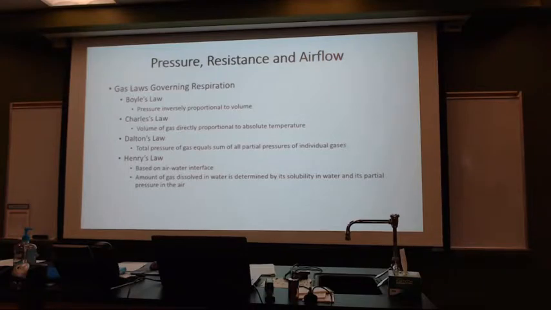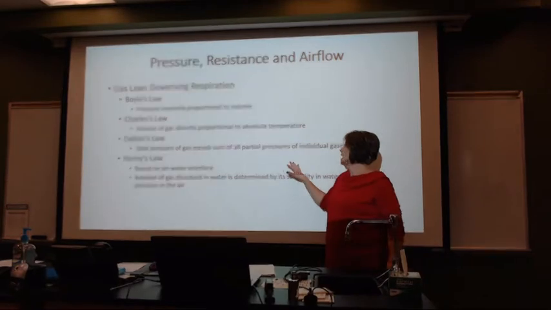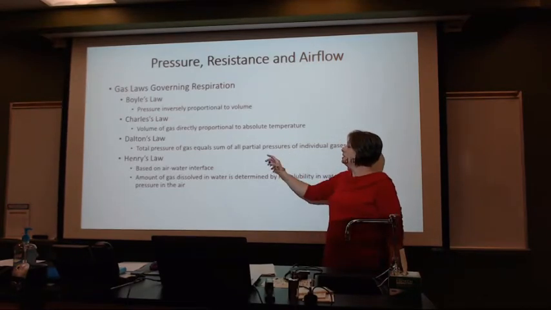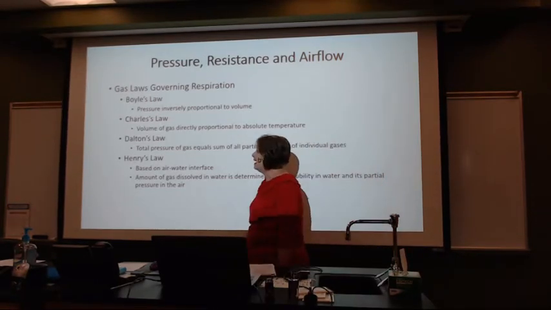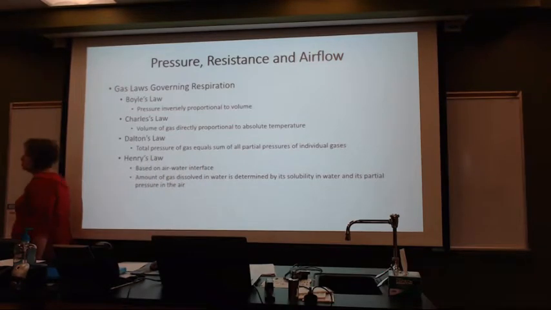Your textbook gets into a lot more detail, but for our purposes, I wanted you to understand what that P might mean in front of the O2 or the CO2. It means the partial pressures. And if you add them all up, it gives you something called a total pressure.